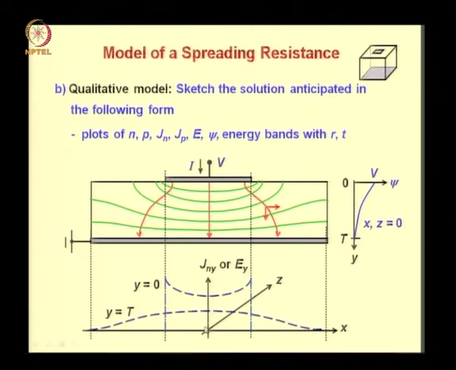In the bottom contact, however, the current density or electric field dropped to 0 as we moved farther away from the center line because the length of the field or flow line went on increasing as we moved away from the center of the bottom contact, and this was the distribution of psi as a function of y along the center line.